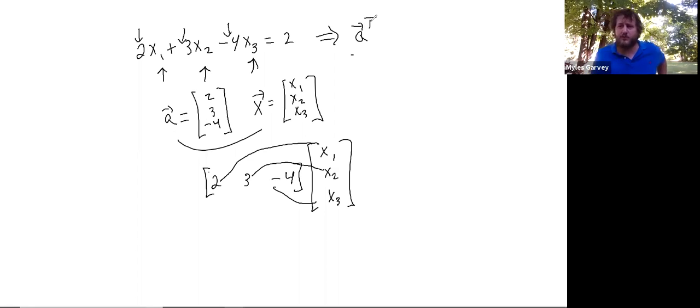Don't forget the transpose. In inner products, the first vector is always a row vector, and the second vector is always a column vector. And if we are assuming that all of our vectors are columns, if I take A times x, that makes no sense because they're both column vectors.